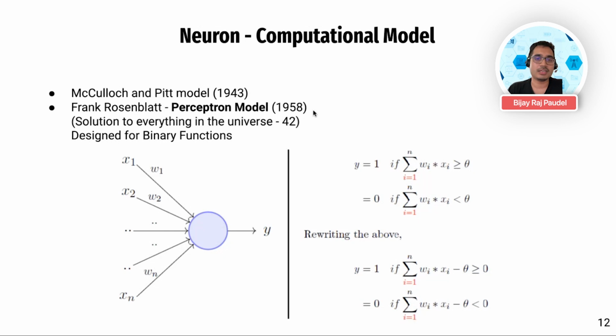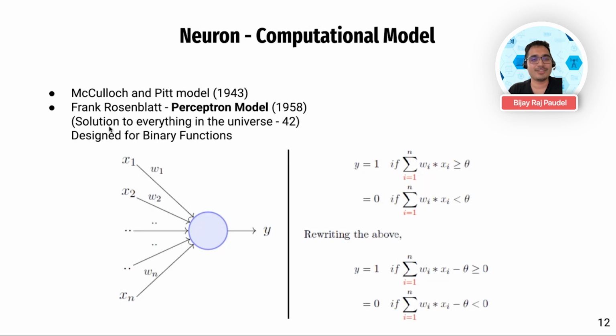In 1958, he proposed the perceptron model, a very simple model, and the perceptron was shown to solve everything, like it was the solution to everything in the universe.